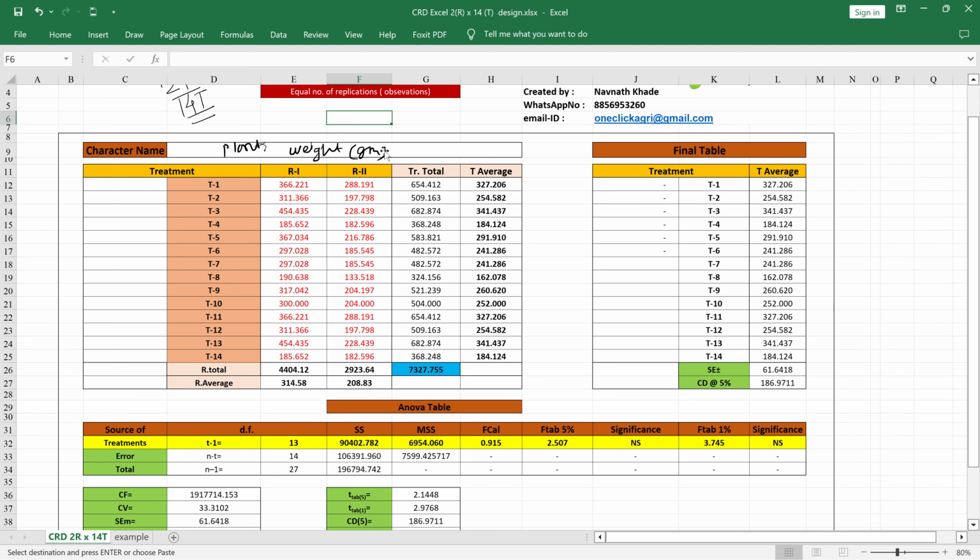You can also write the name here, plant weight, gram.